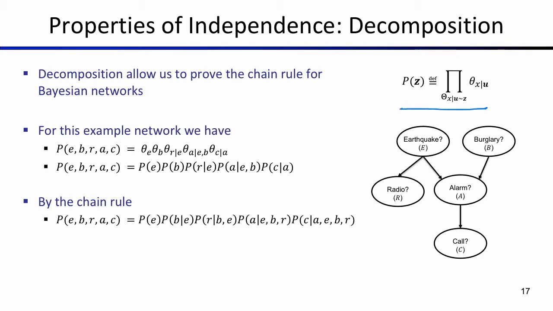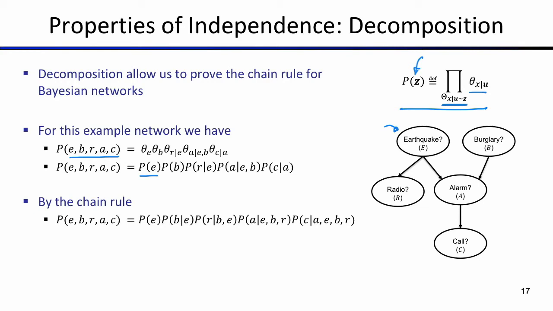It says that if you want to compute the probability for an assignment Z, what you have to do is to multiply the conditional probabilities for each node, so that we take from each CPT the entry that is compatible with Z. So for instance, if you have this assignment here, we're going to take the probability of E, because E has no parent.